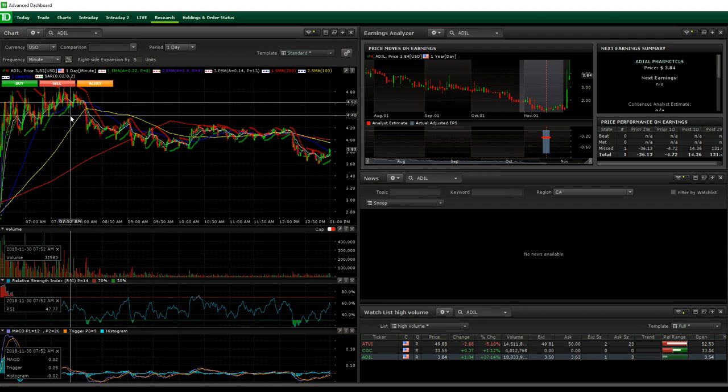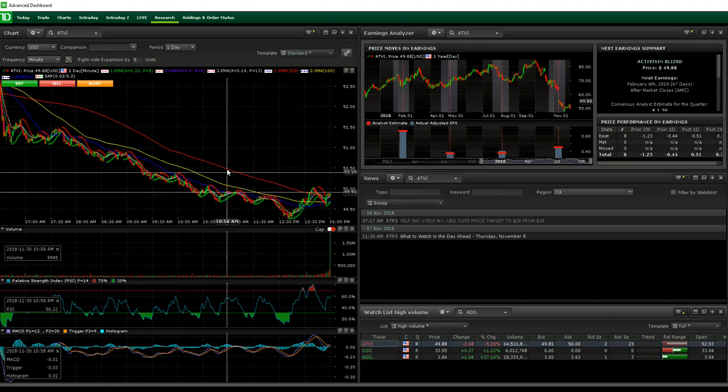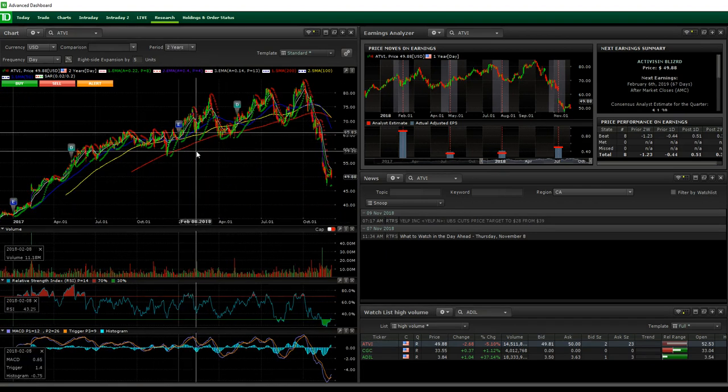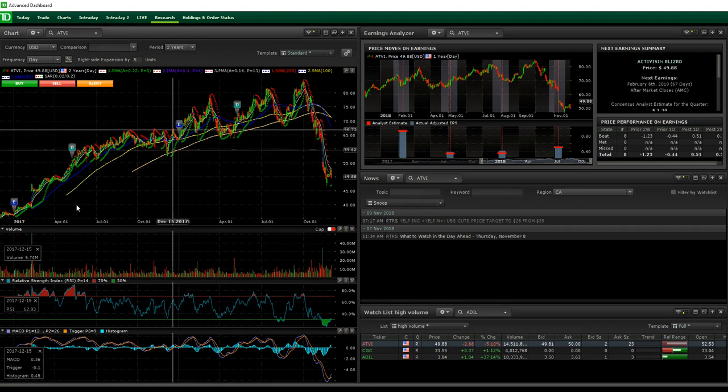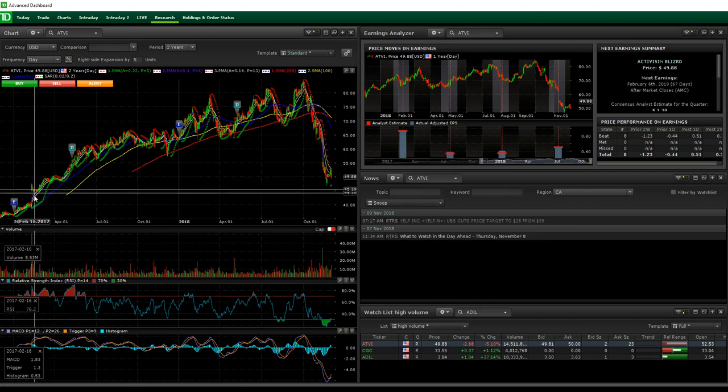If we go back to our Activision Blizzard here, notice that the first thing that I did was, of course, I needed to zoom out here and then identify the lowest low in this trend, and because there was a gap up, I just chose to identify that as the lower low.